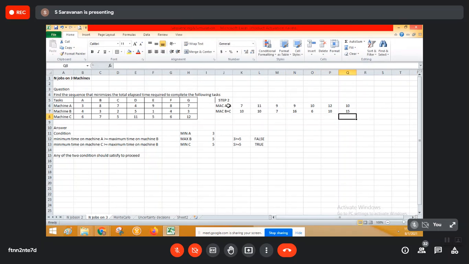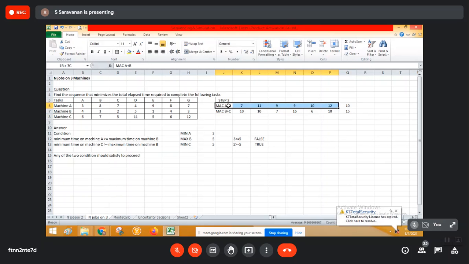I think it's easy to understand. I have added the time of machines, that's all. The first row is machine A plus B and the second row is machine B plus C.